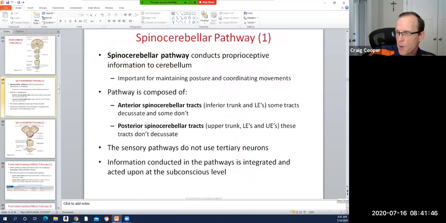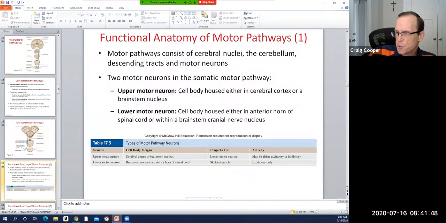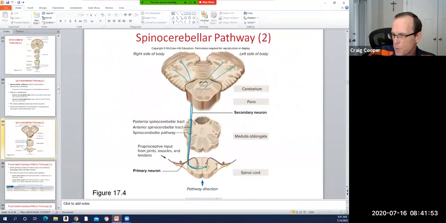And then our spinocerebellar only has the 2. We don't have a diagram of it, but, oh yeah, I guess we do. I skipped over it real quick. So we've still got our sensory information coming in. Some of these things cross over at the level of the spinal cord. Some of them cross over in the medulla or the pons, but ultimately they're going to cross over for the most part and go on up.